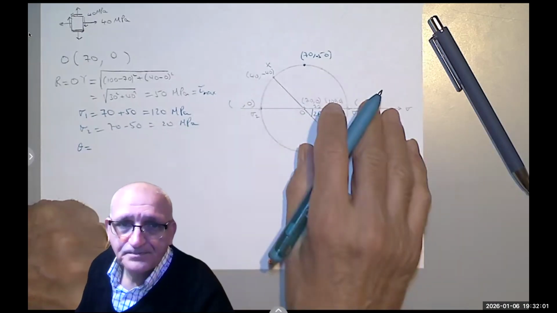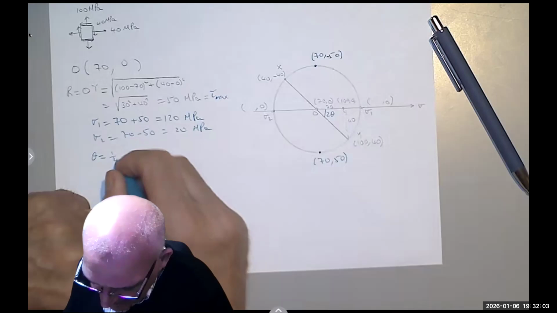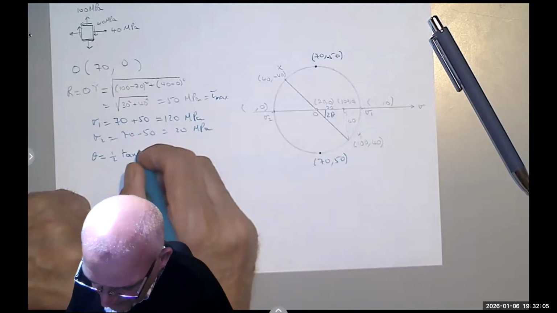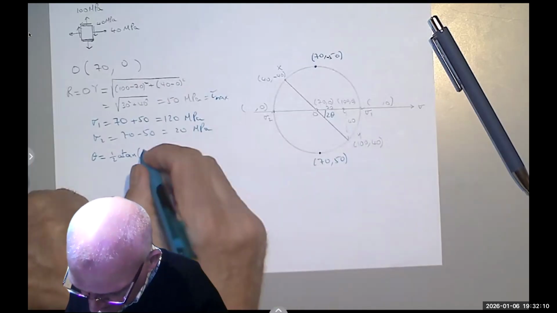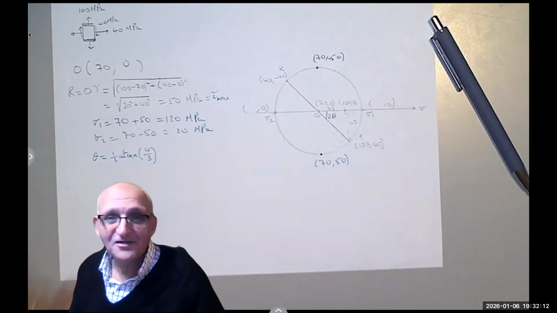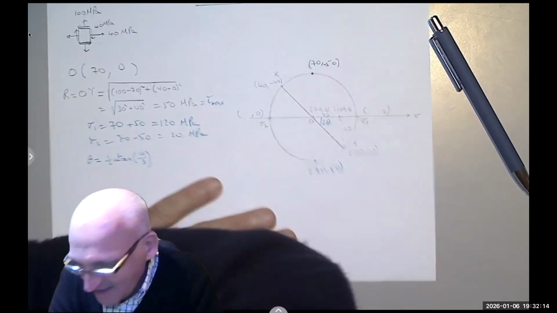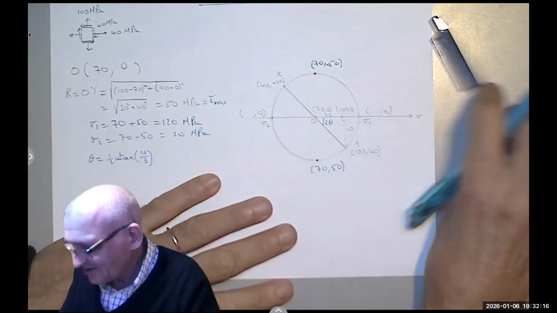I don't care. So it's 1/2 arctan, so mathematicians don't hate me, since they don't like it when you say inverse tan. So arctan, okay, I'm sorry.